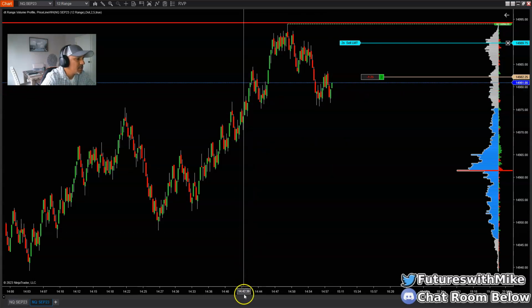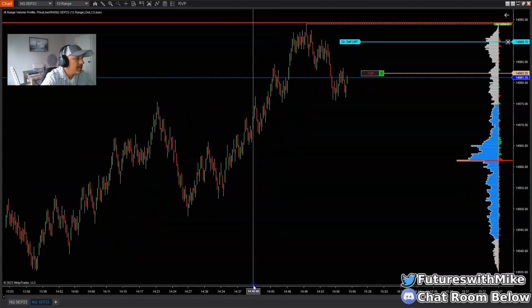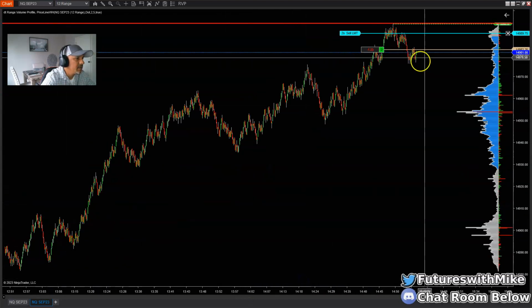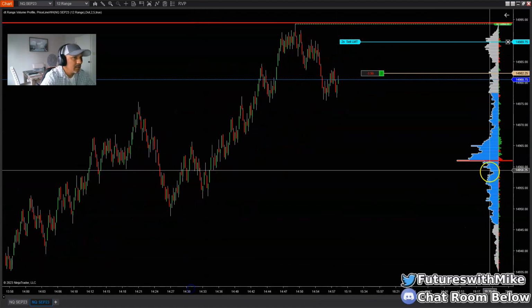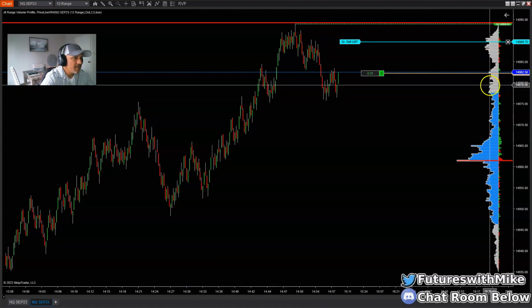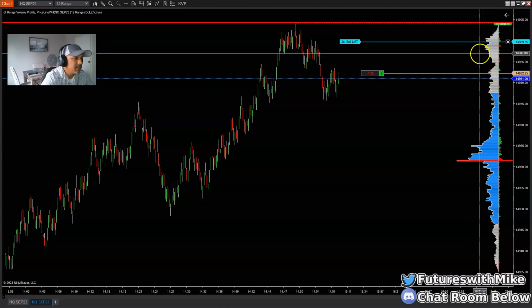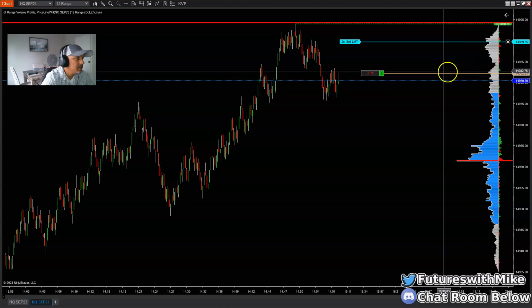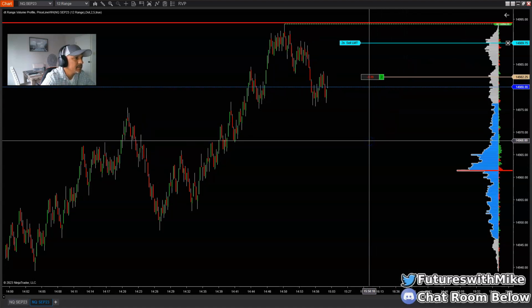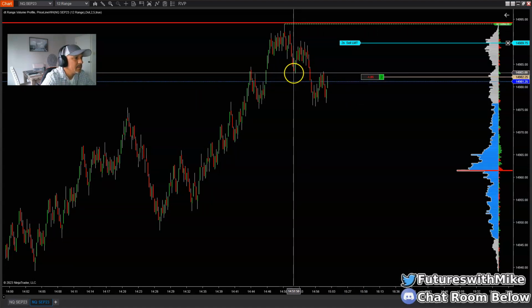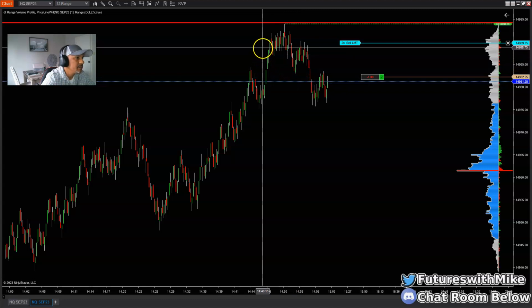Don't like the buy so high, this move to the upside here. Buying pretty high on the volume profile. On the profile, I'm buying more so on the top end of it here. So let's see what happens.